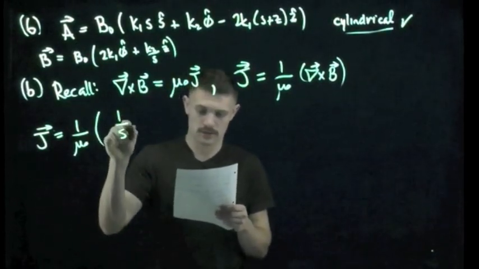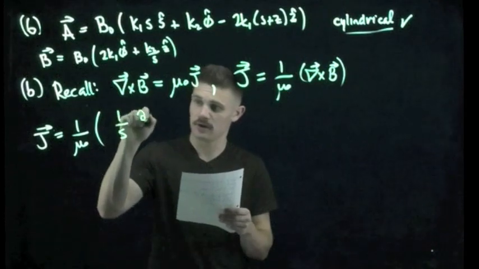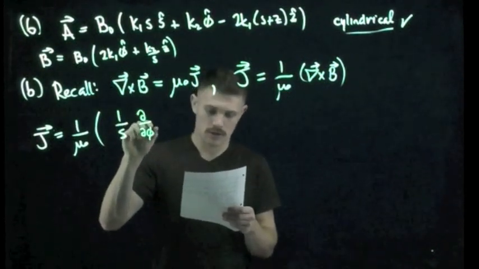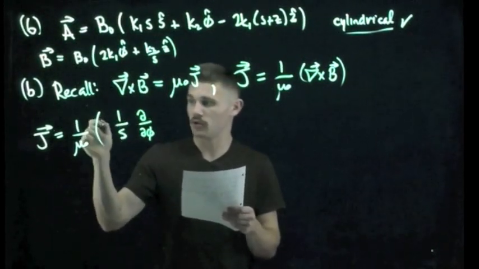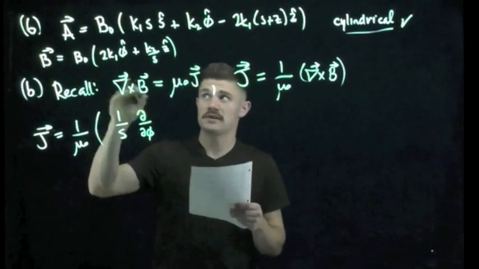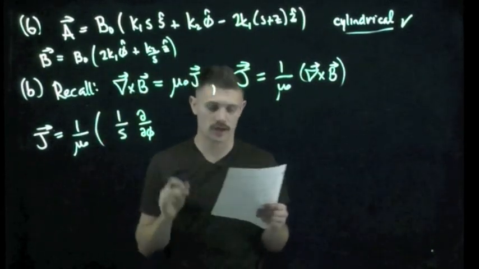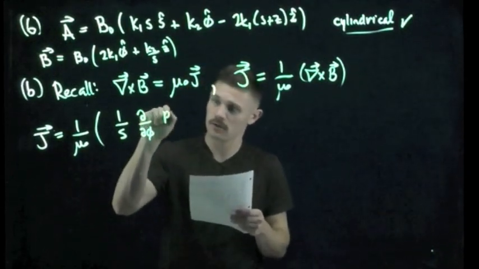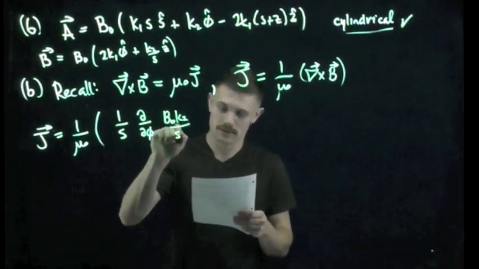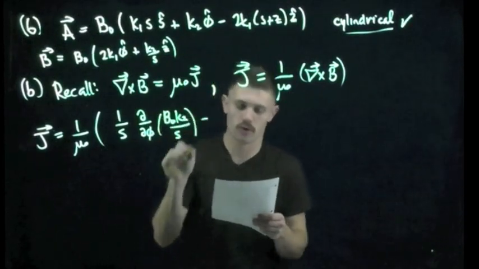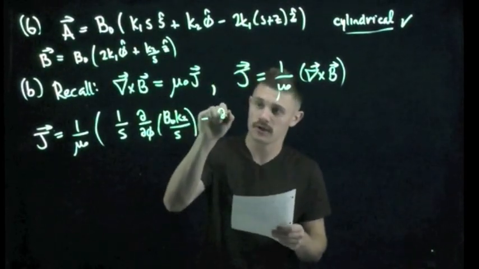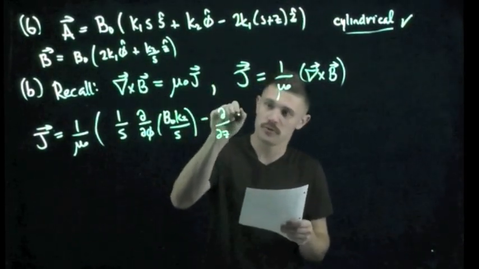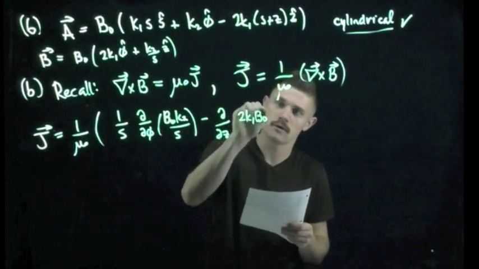1 over S d by d phi of, it's going to go directly into the components and skip the step of writing out the entire curl formula because we did that in part A. So we have B naught K2 over S. And then you can just check at home to make sure all the terms line up correctly. D by dz of 2K1 B naught.